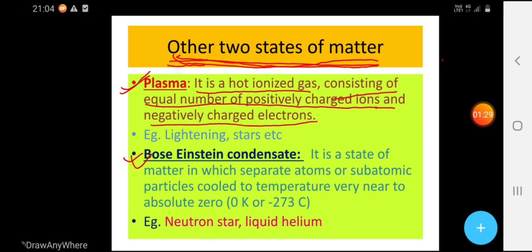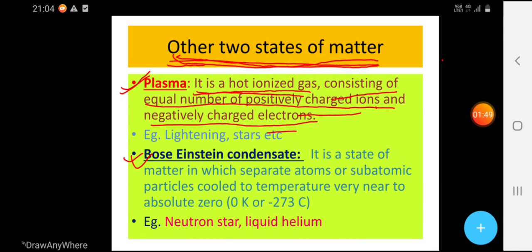Means there are equal positive and negative charges, and they get neutralized.